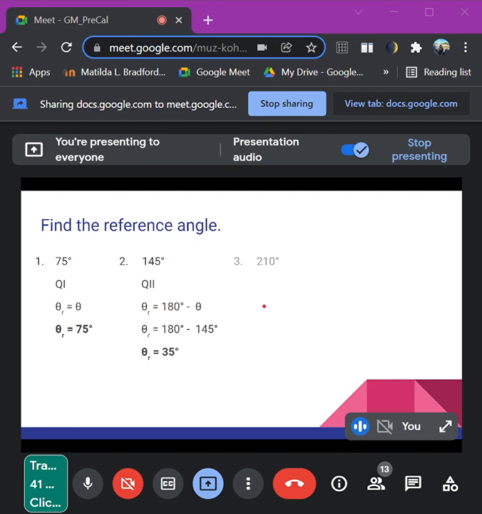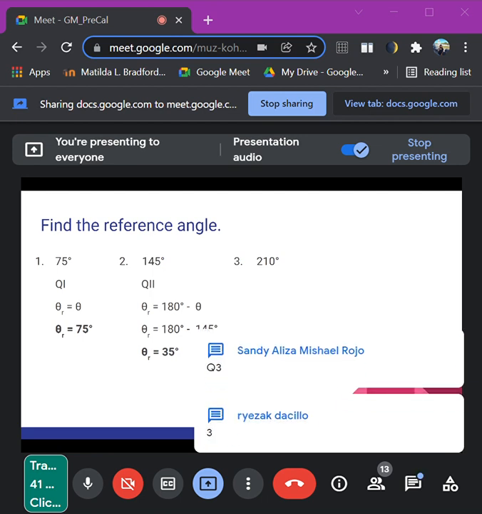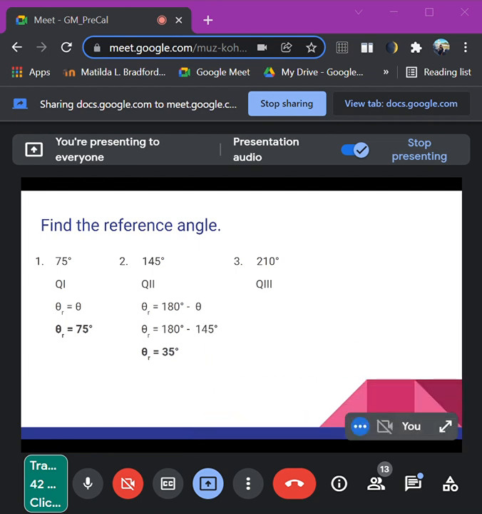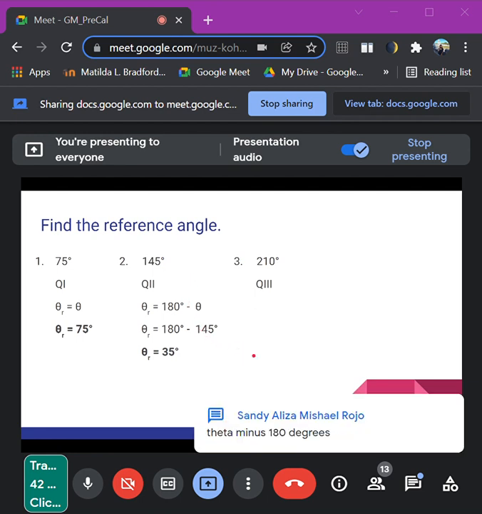Now, let's go to number 3, class. We have here 210 degrees. What quadrant? 210. That is quadrant 3. Very good. Now, what is the formula in quadrant 3? Okay, theta minus 180 degrees. Very good.